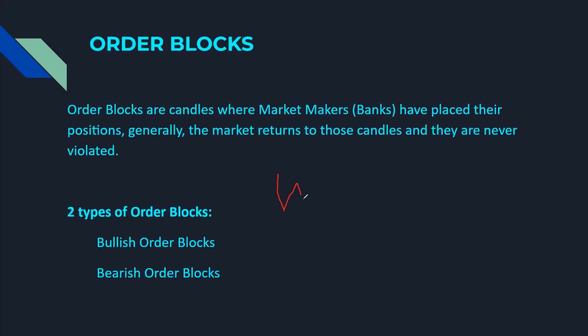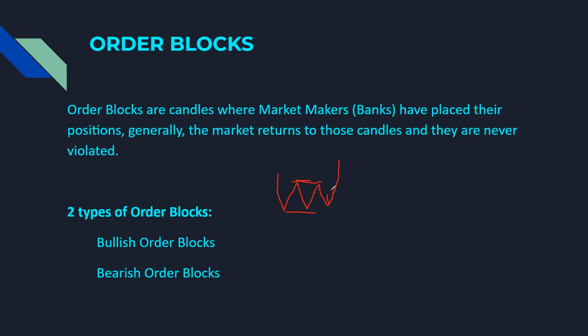Let me give you an example. If this is a structure, and a structure is made up of swing lows and swing highs, and these red lines, let's just say they are candlesticks. If the market breaks out above this market structure, that is what we call a bullish order block.